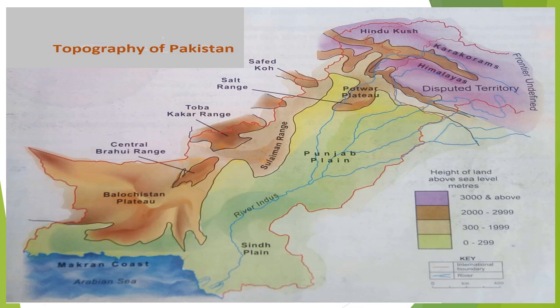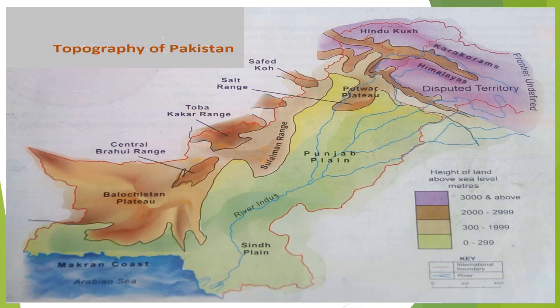Punjab Plains and Sindh Plains are also known as Indus Plains, because these plains are formed due to depositional activities of river Indus and its tributaries. As you can see, these zigzag blue lines are actually the rivers, river Indus and its tributaries, as you can see in the key of the map on the right side.